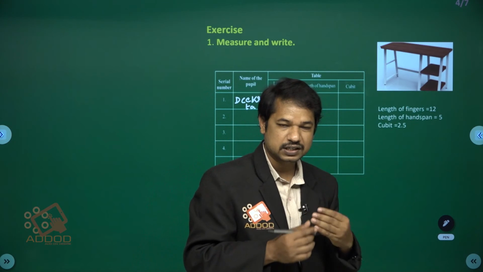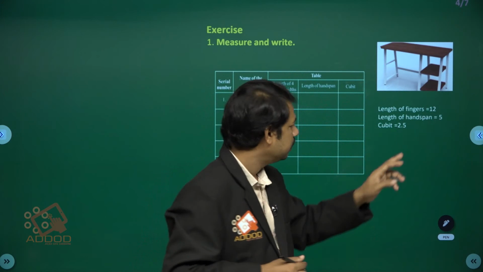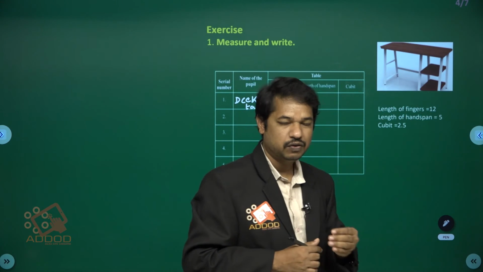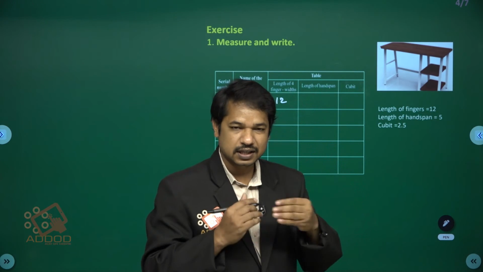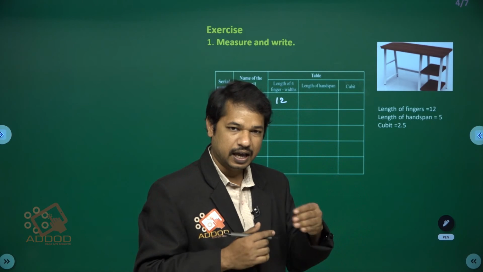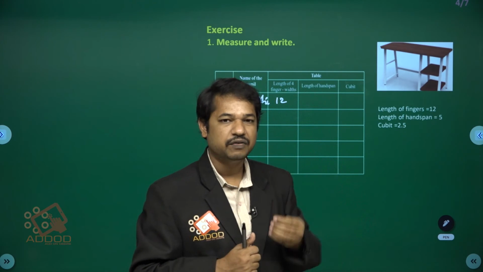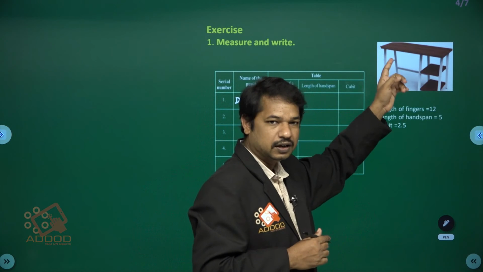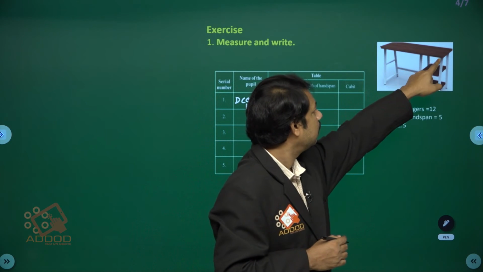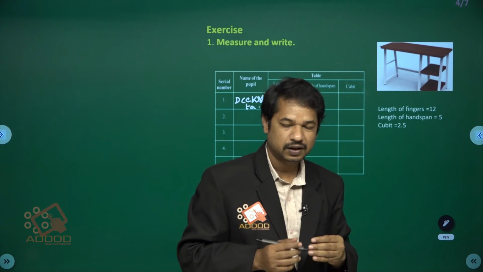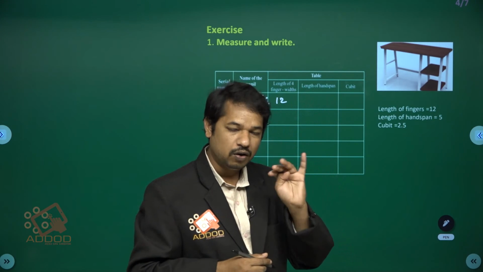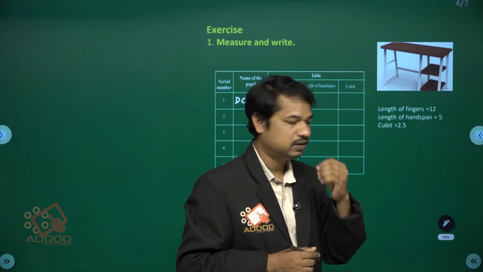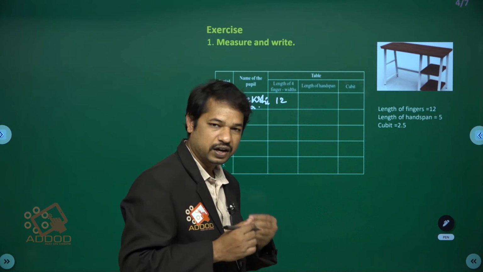Okay, 12. Dikshita using her 4 fingers width from here to here, measuring 12 times 4 fingers width.